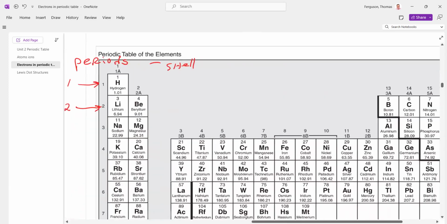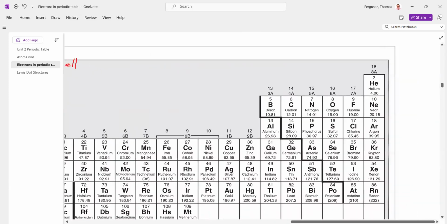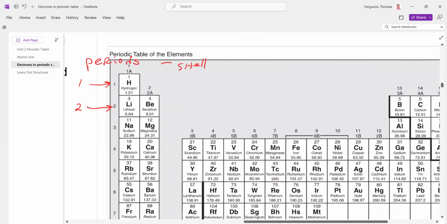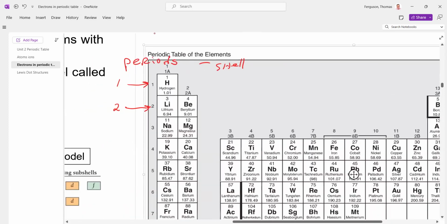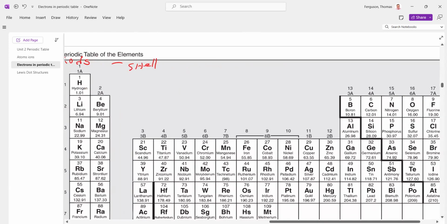Period 2, it's got 2 elements here and 6 elements over here on the right. When we get to 3, remember 3 I said was 18. The problem is, if we look at this, on period 3, or shell 3, we've not got 18, we've only got 8.